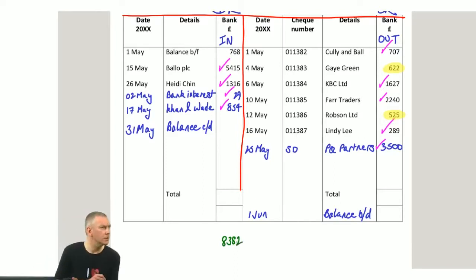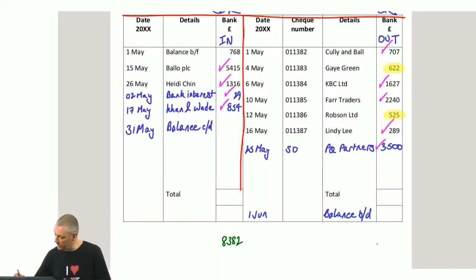How's that looking to you? Looking good, isn't it? And on the right hand side now, 707 plus 622 plus 1627 plus 2240 plus 525 plus 289 plus 3500 equals 9510, which agrees to what I have here, 9510. It's very useful having my cheat notes here.